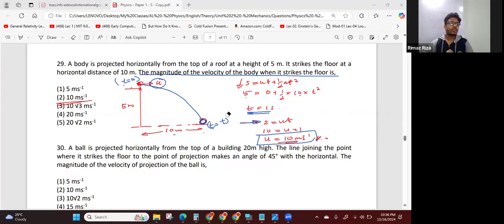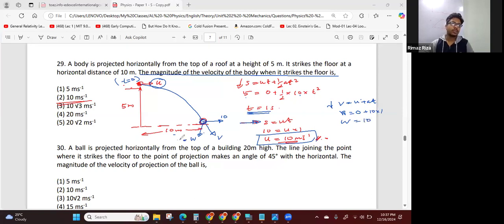Here the horizontal component is 10, and for the vertical component we can simply use v equals u plus at, because we know the time. Let's call this vertical component w. So w equals 0 plus 10 into 1, so w equals 10.